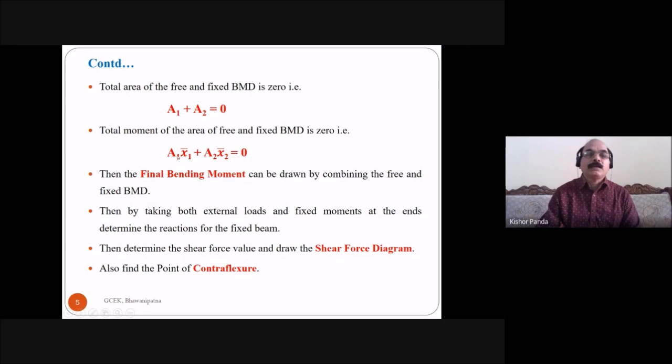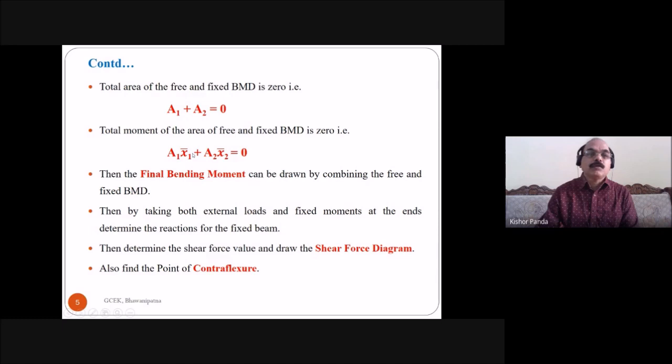If you are taking from support A, you have to take both the CG from support A, X1 bar, X2 bar. If you are taking from support B, then you have to take both the centroidal distances from support B, X1 bar and X2 bar. So these are the two equations of the moment area theorem.